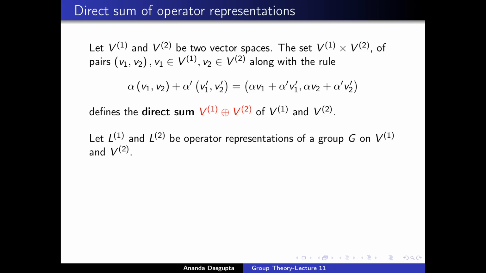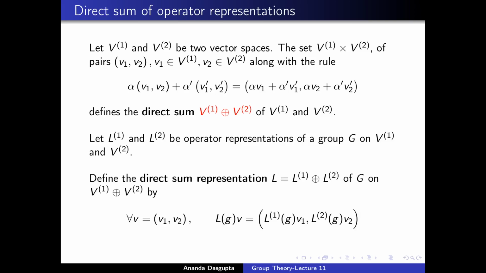How you define this representation is as follows. You define the direct sum representation L1 ⊕ L2 of G by specifying what L(g) does to a vector v, which of course comes in the form of a pair, one vector from capital V1, another vector from capital V2, namely small v1, small v2. What L(g) does on v is that it returns a pair of vectors.